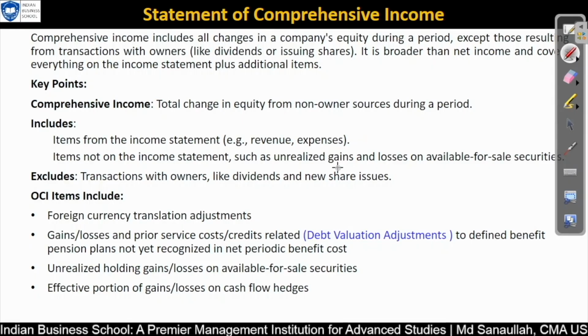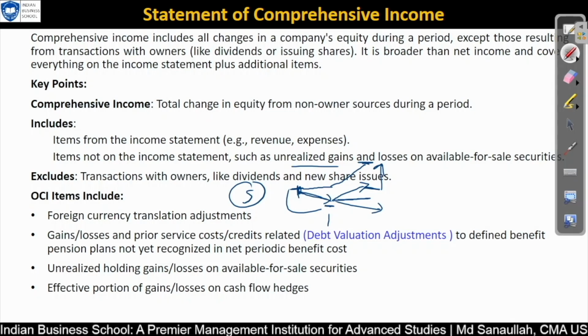But the concept behind it is that it is not realized. Since the share market is going down, there is a prediction that prices may go down further, or maybe we will keep the shares and later they may go up. Now it is going down from where we purchased.